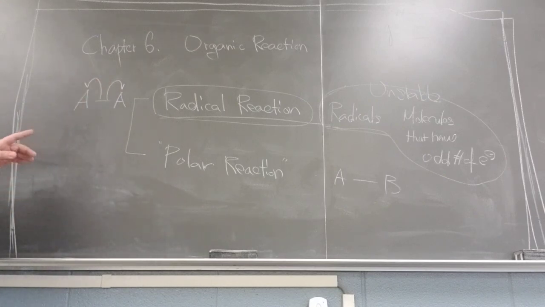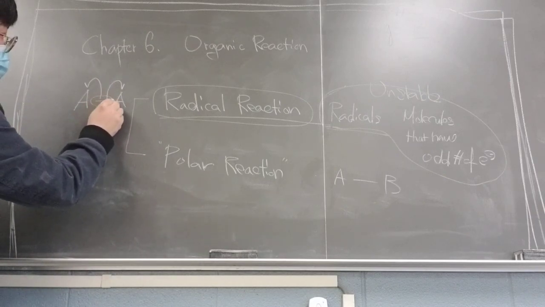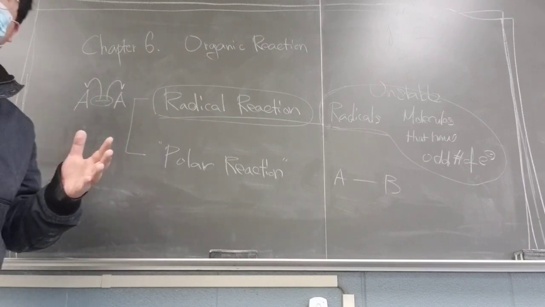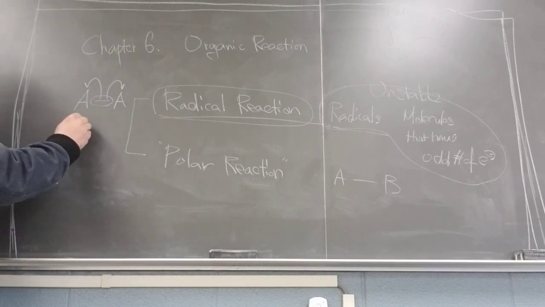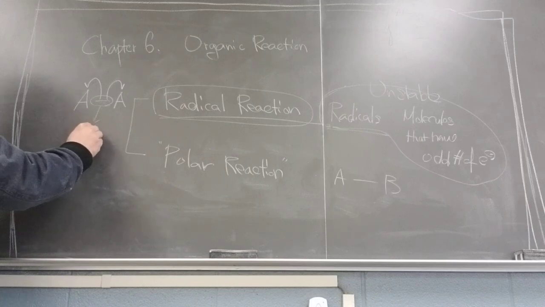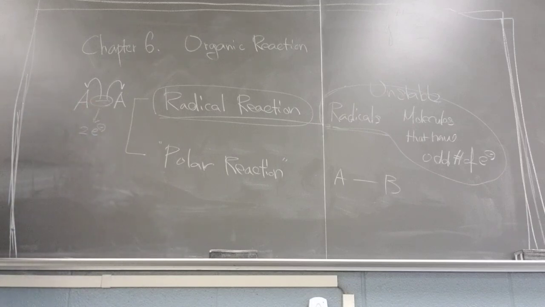If you think about the single bond, this is the common area where you can find the pair of electrons, right? That means there are 2 electrons in this single bond.